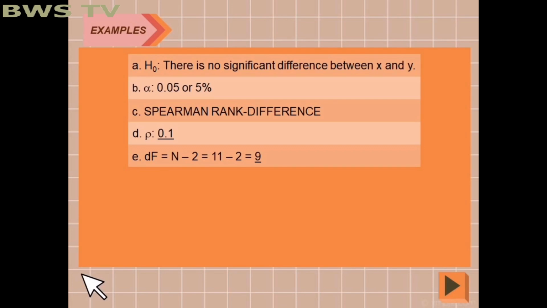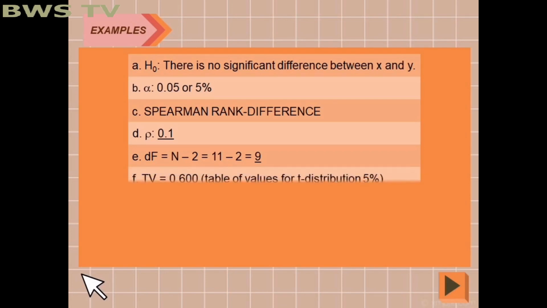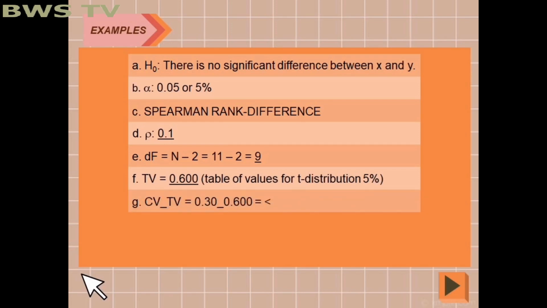The next, we put our TV. We use the table of values for t-distribution. So we found there our TV is 0.6. The next, compare our CV and TV. Our CV is 0.30, our TV is 0.6. Our CV is less than TV.